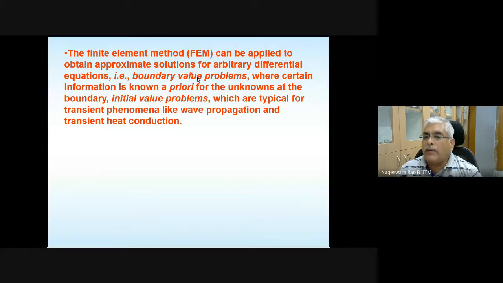That is boundary value problems, where certain information is known a priori for the unknowns at the boundary, and initial value problems, which are typical for transient phenomena like wave propagation, transient heat conduction. But as a part of this course, we'll be focusing more on boundary value problems. Okay? Any questions?